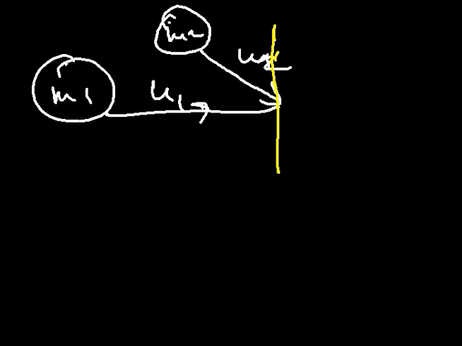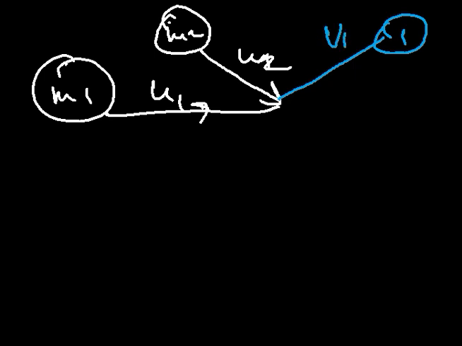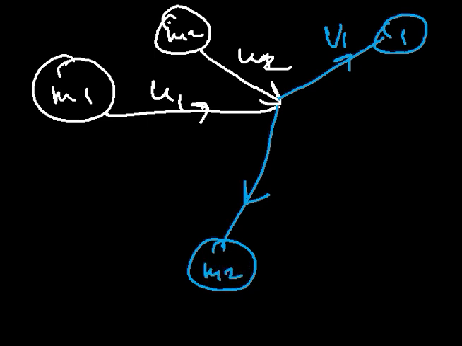Now let's say this is the case where object 1 will have v1 in that case, and object 2, of course I should have it as m2, and this is m1 as well, with a v2 going over in that way.